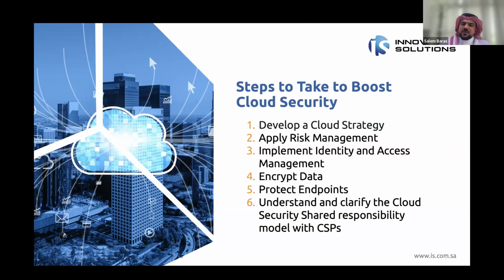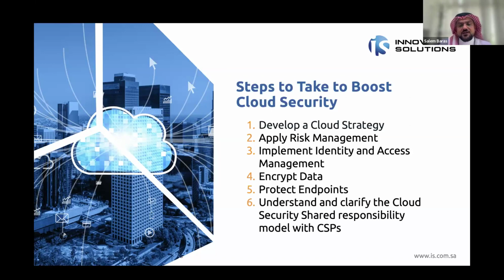Another point is to implement identity and access management. As we have seen in the previous slide, a big number, around 50% of organizations, face challenges with identity access management.